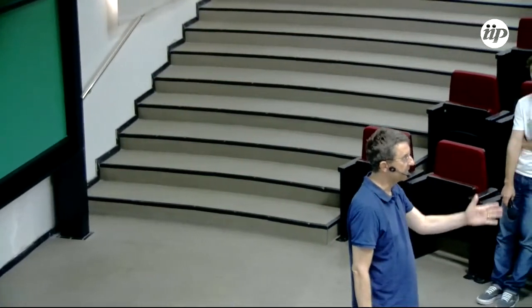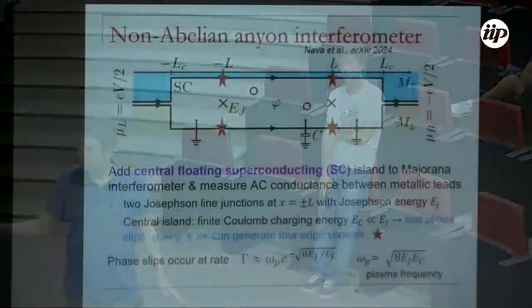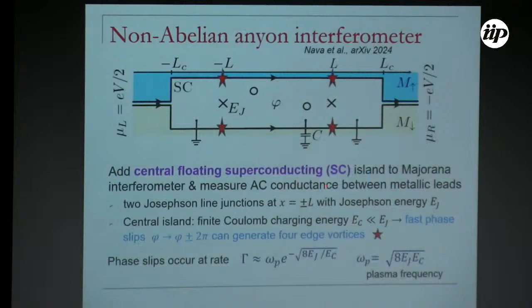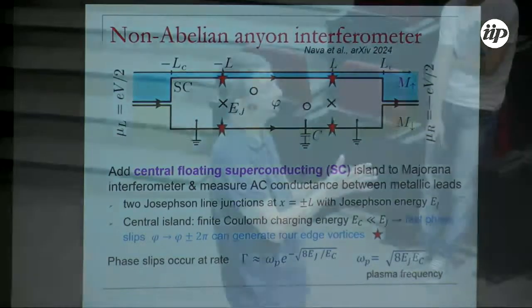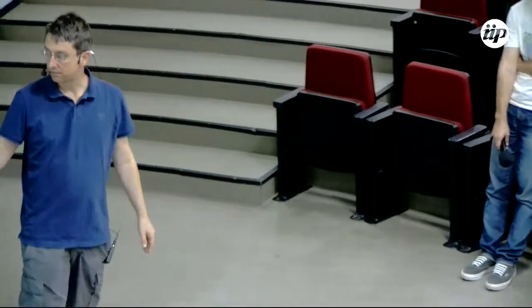So if you make these very thick barriers, then EJ is small. But we want to be in the limit that EJ is large against EC. So a large capacitance and a large Josephson energy, so rather thin transparent barriers. So this rate is to a large extent tunable.